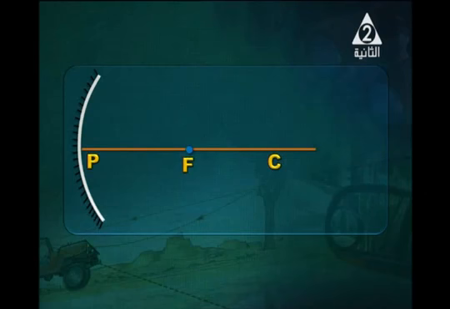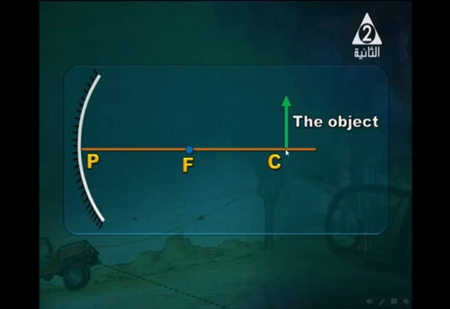Firstly, we draw the concave mirror, then the principal axis determining the pole of the mirror, the point of the focus, and also the point of the center of curvature. The body is placed at the center of curvature of the mirror.